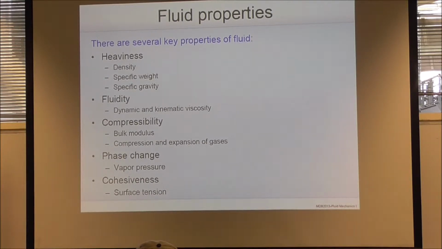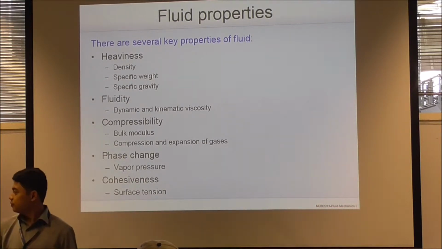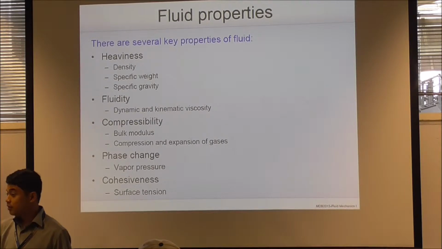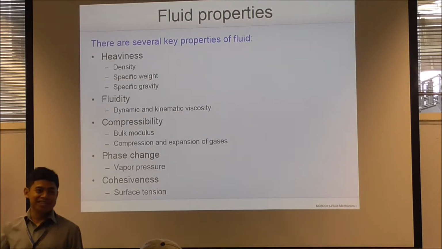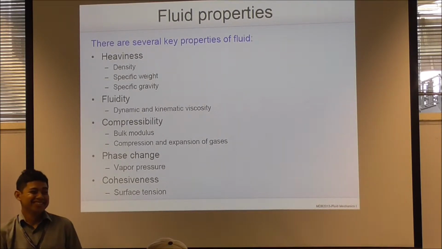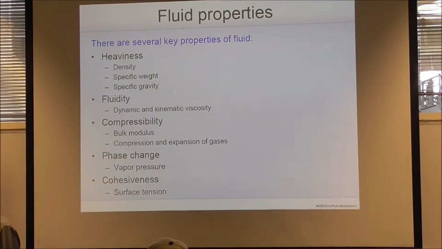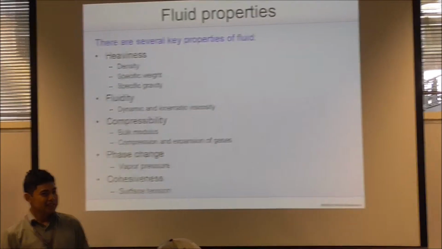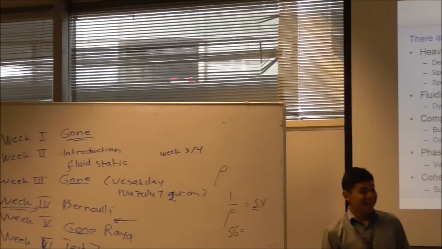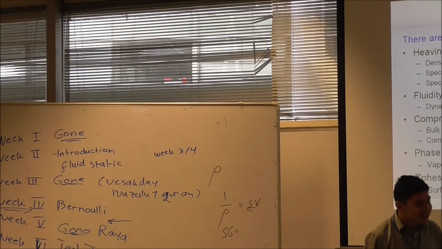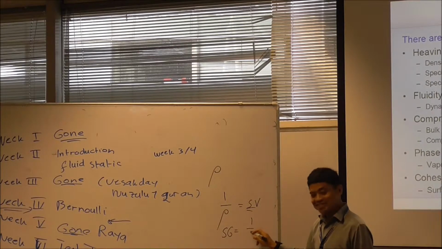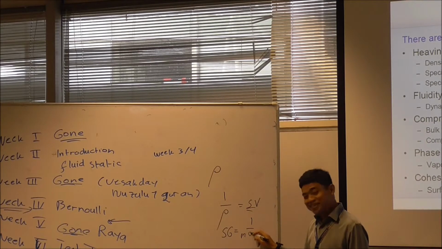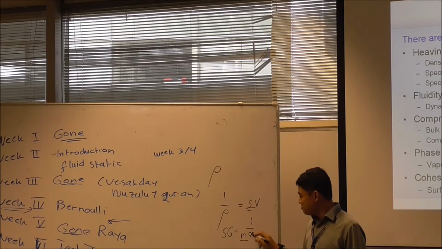What if specific volume, not SG. What is SG? Specific gravity is 1 over mass. Right. 1 over mg.